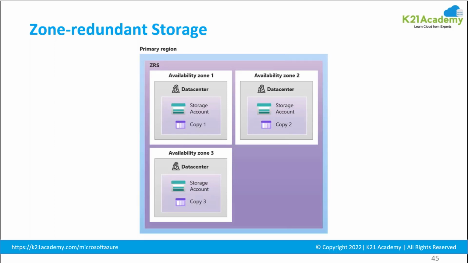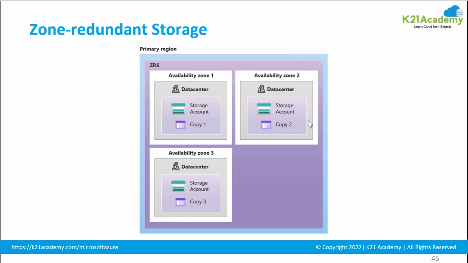I'm going to go quickly now and discuss the rest of the topics with you. Please be aware of the different replication types of your storage account: LRS, ZRS, GRS, RAGRS, GZRS, RAGZRS, and what level of resiliency they provide and how they distribute your data. For instance, ZRS distributes your data into multiple availability zones, and they maintain 3 copies.